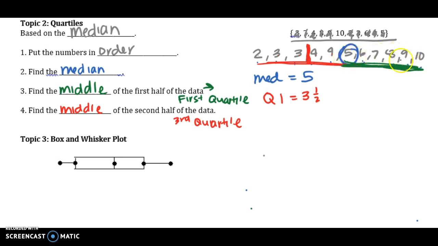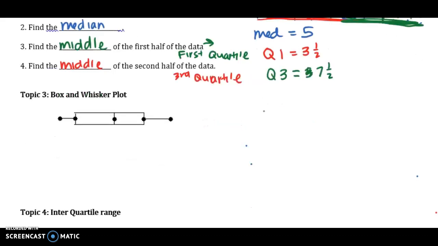Again, there's 6 numbers. So we're going halfway. 3 numbers on each side. So the middle of 7 and 8 is 7.5. So those are your quartiles. It's all about finding the middle.